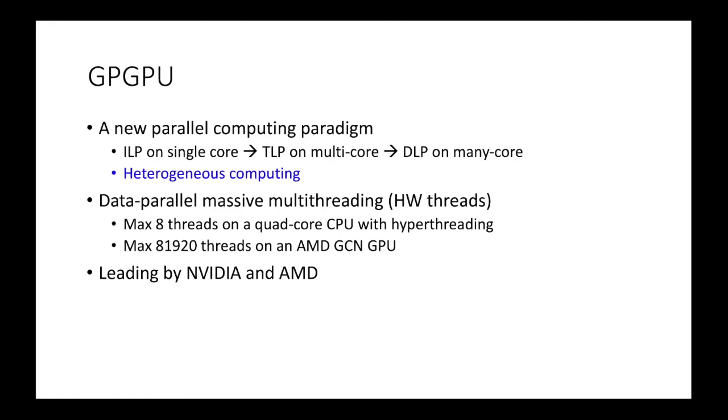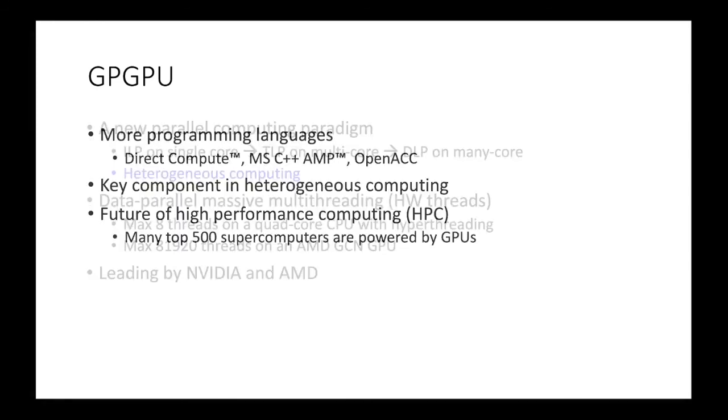For example, we have a max of 8 threads on a quad-core CPU with hyperthreading, but about 100,000 threads on the latest GPUs, and this technology is led by NVIDIA and AMD.